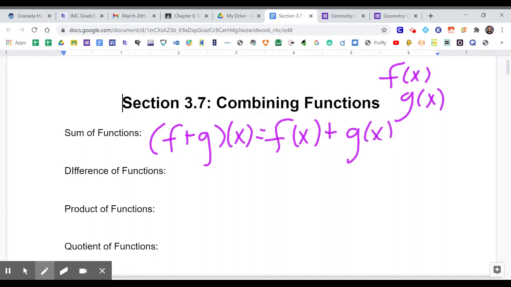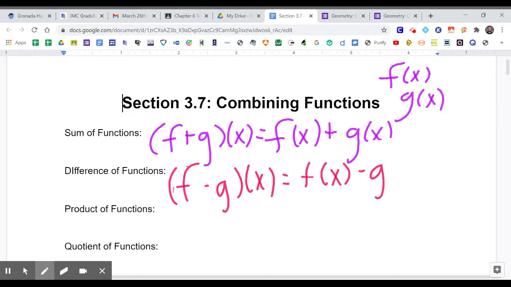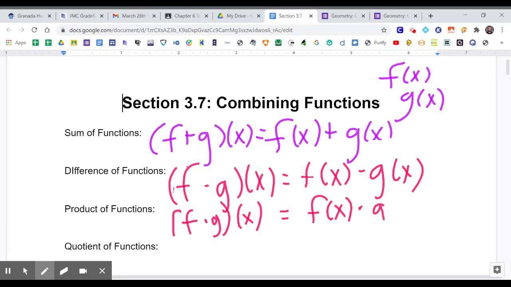We can take the difference, which remember means subtraction, so we can subtract these. You could see it written as f minus g of x, which is just f of x minus g of x. We can have a product, multiplying, so that would be f times g of x, which we would write as f of x times g of x.